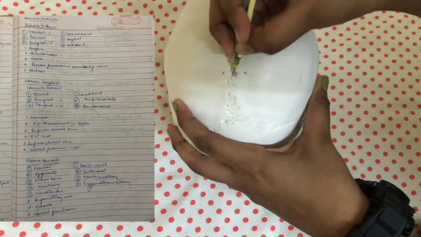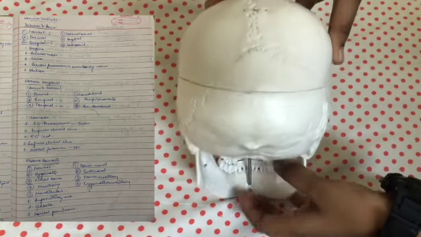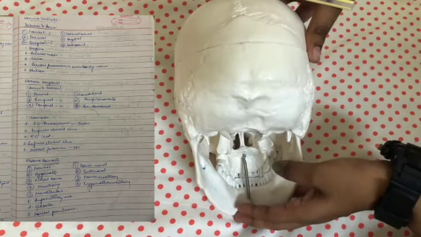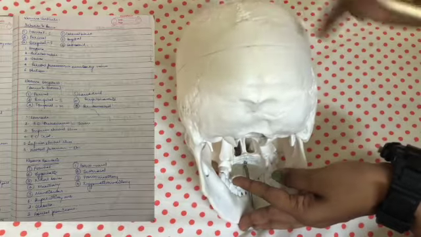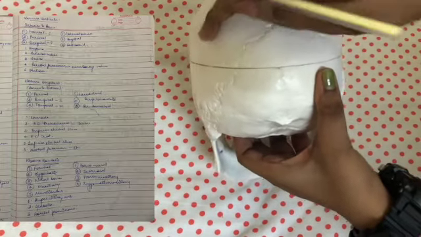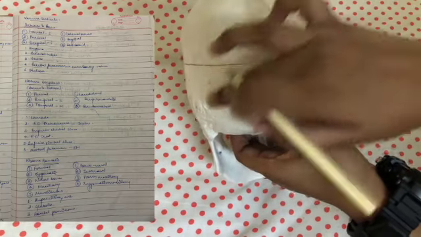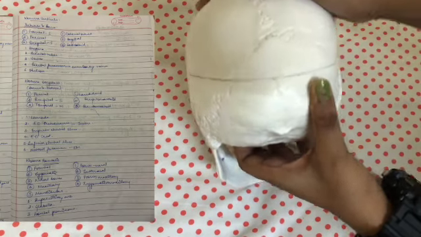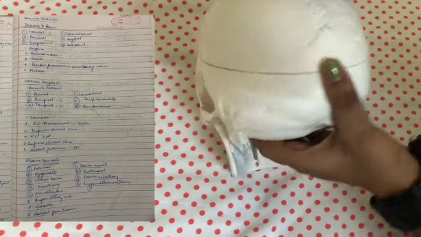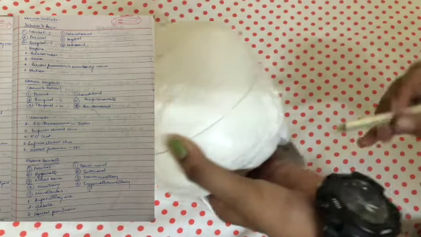Now let's move on to norma occipitalis. Norma occipitalis is when you view the skull from behind. The bones making up this particular view are the parietal bones, as you see, the occipital bone, the squamous part, which is most of norma occipitalis, as the name suggests, and the temporal bone, the mastoid part of the temporal bone, to be more precise.